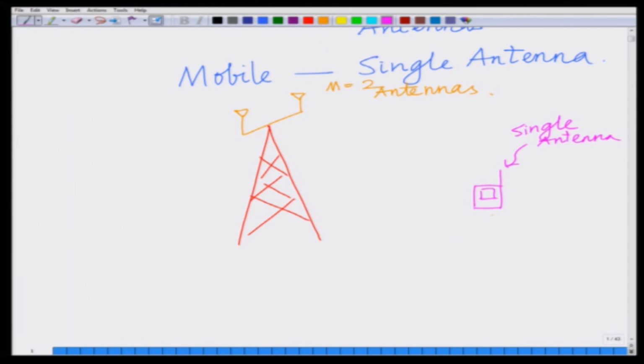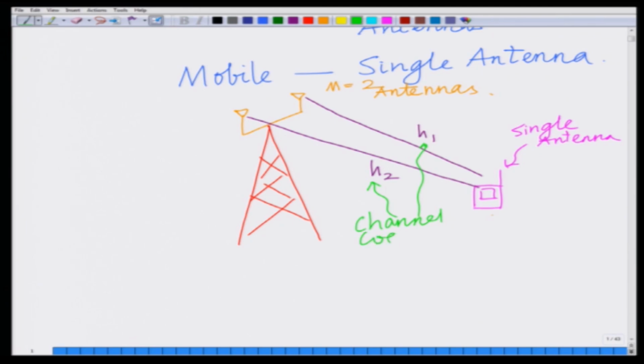And therefore naturally I can denote the channel coefficients corresponding to these 2 antennas as H1 and H2. H1 and H2 are basically the channel coefficients which have to be estimated in this multi-antenna downlink scenario, and that is the problem of channel estimation. In fact, that is the problem of vector parameter or channel vector estimation. All right, that is what we are looking at.